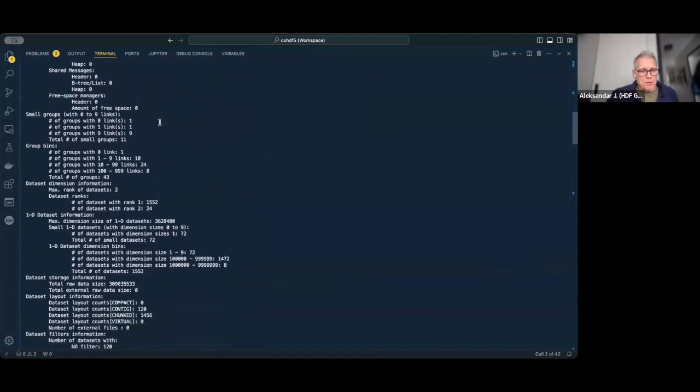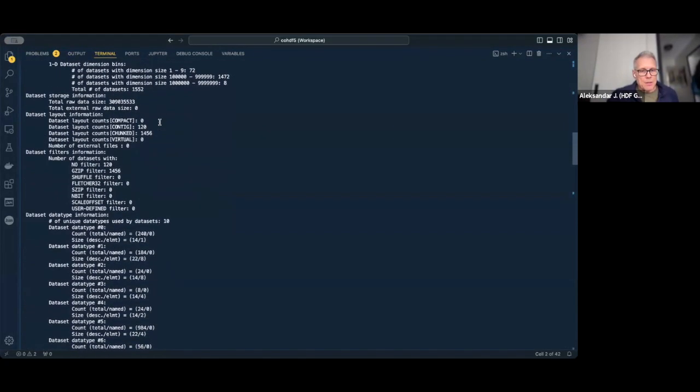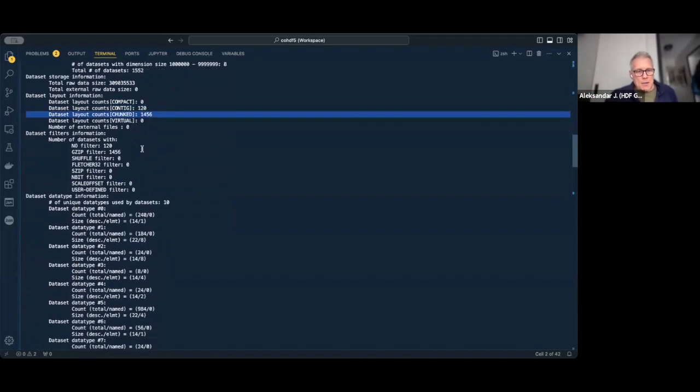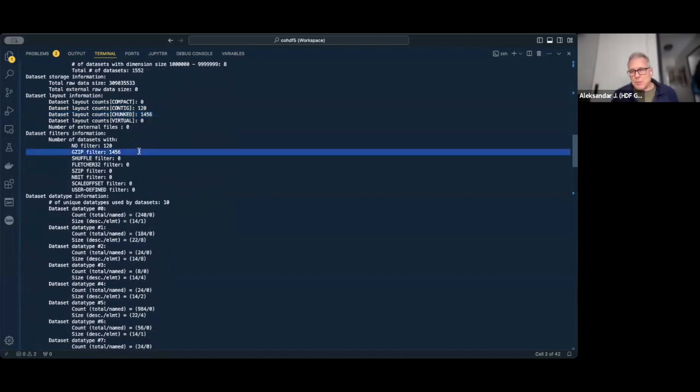And probably what would also be interesting to know is we have 120 datasets that are contiguous. The rest are chunked. And all of them are chunked with the gzip, or deflate, or zlib compression method, which is very common because you find this zlib compression library everywhere, on almost all computers.